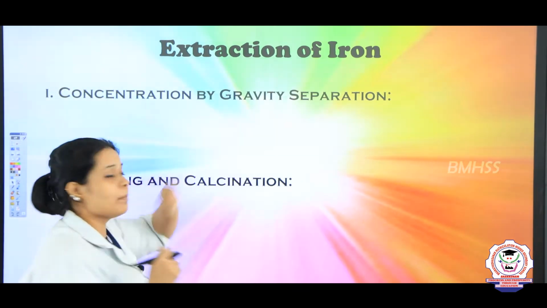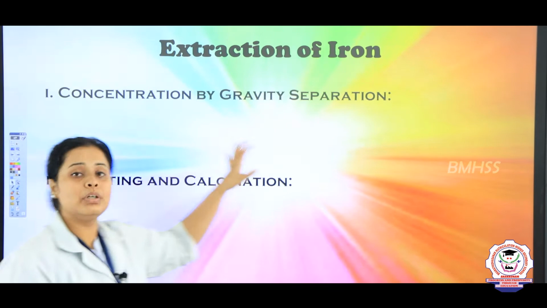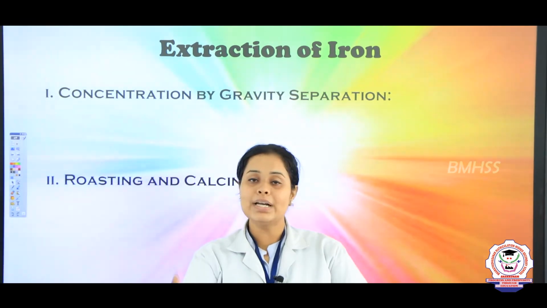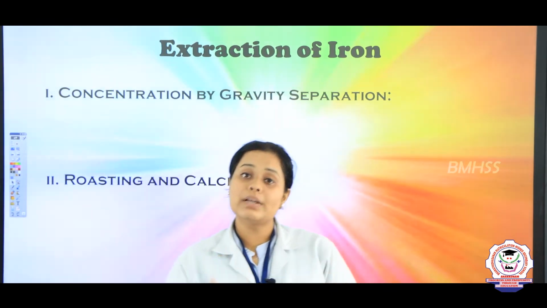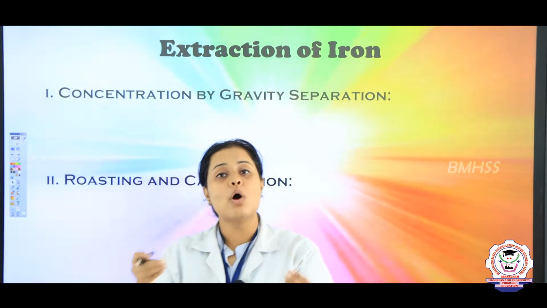After the separation, you are going to do roasting and calcination. Roasting means you take the ore and heat it at a very high temperature in the presence of oxygen.